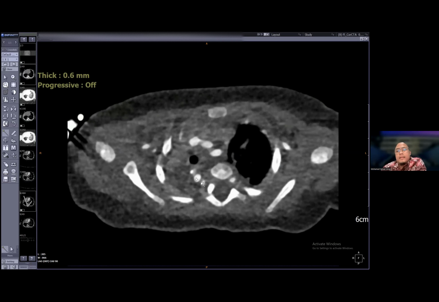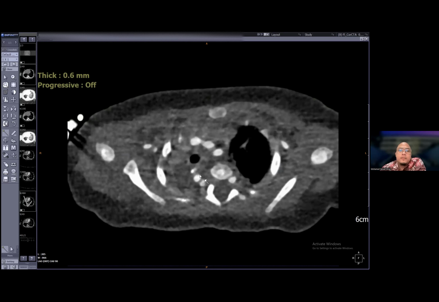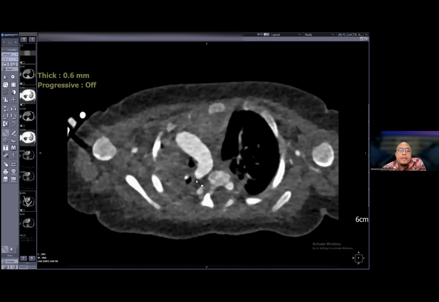So next, the patient will not only have airway disturbance, but she will also usually have dysphagia because of this right aberrant subclavian artery.